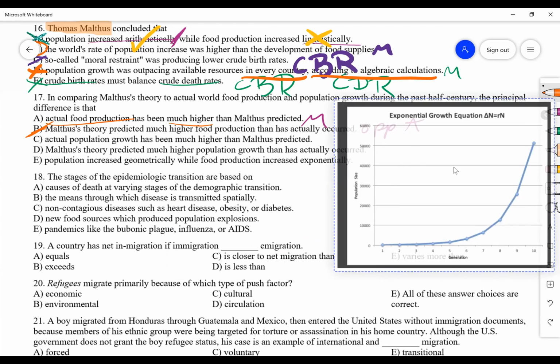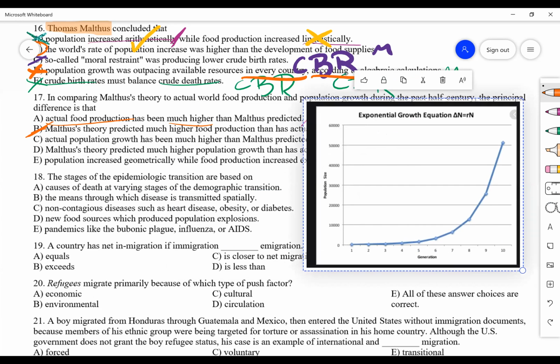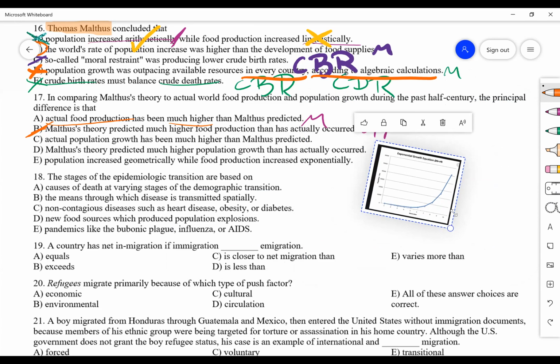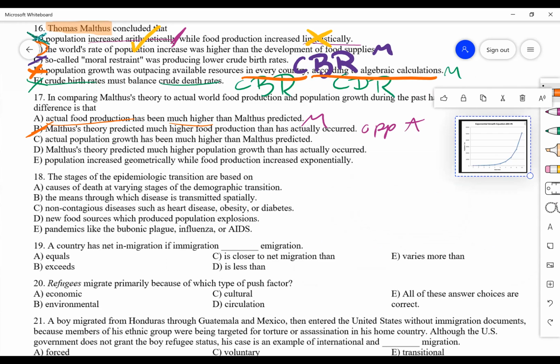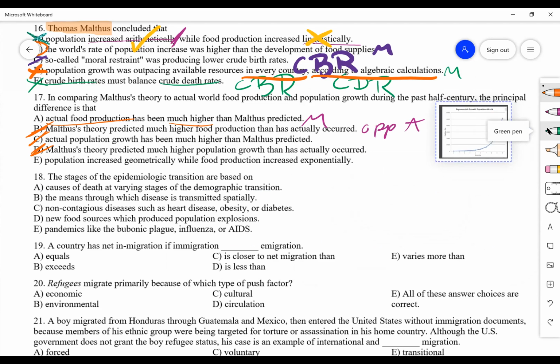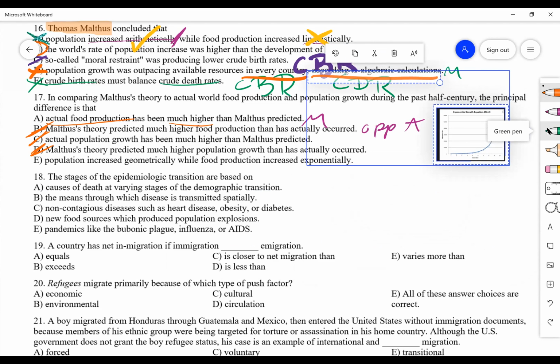What is the title of the graph? Exponential population growth. Thomas Malthus predicted exponential population growth. So I'm still thinking that even if A is not correct, it's still a way better answer than C. And then D is just going to be the opposite of C. So let's say that. Let's not say that, because he predicted exponential. It is exponential.